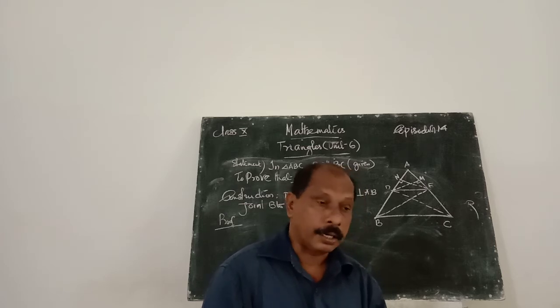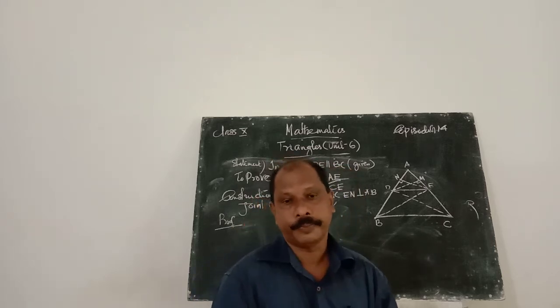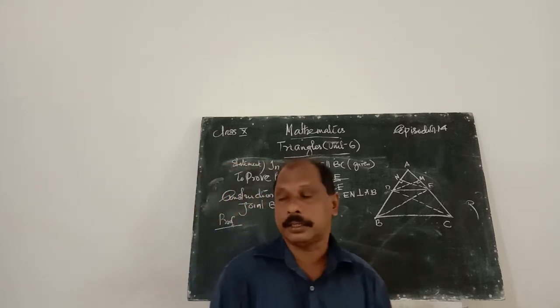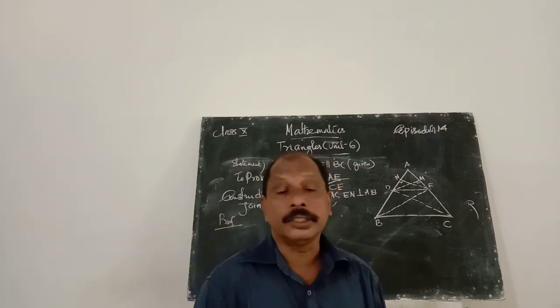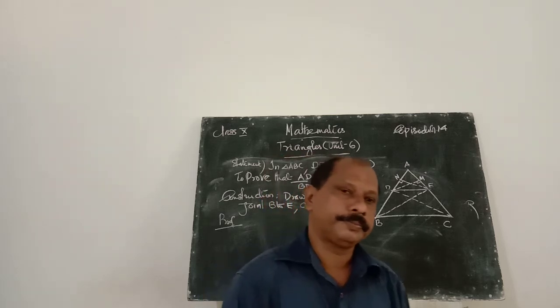To find the area, let us consider Heron's formula. A, B and C are the sides of a scalene triangle. Then S is equal to A plus B plus C by 2, that is the semi-perimeter.